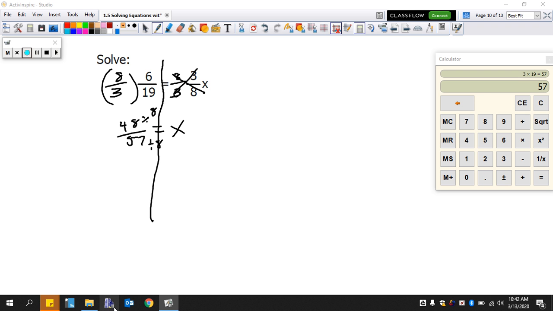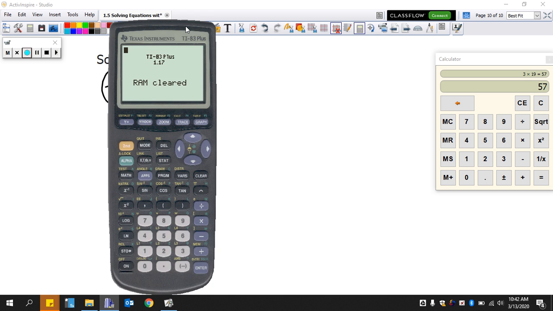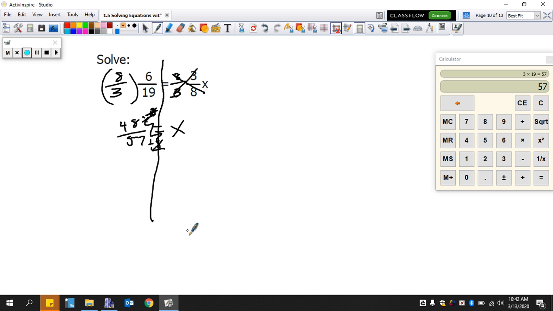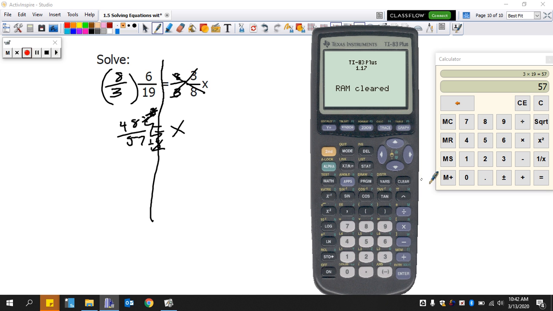So I can double check by pulling my graphing calculator up. Clear it out. So 48 divided by 57, math, enter, enter.